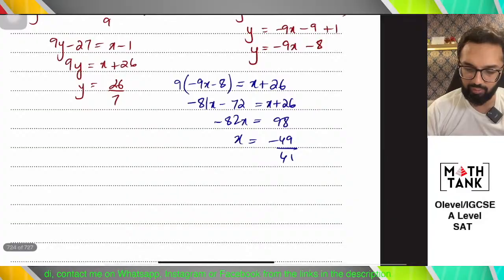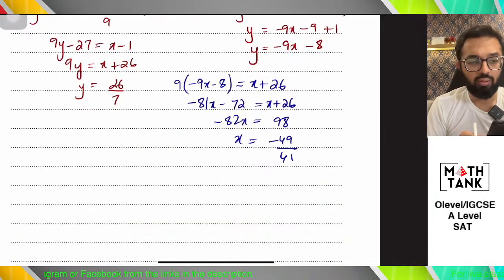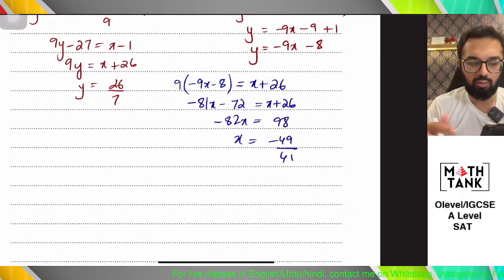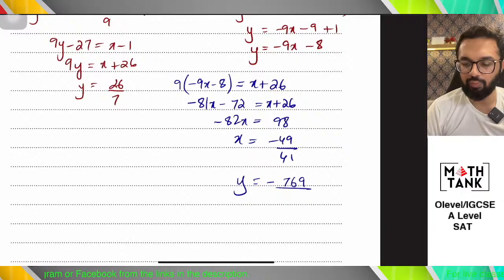The y coordinate is 9 times minus 49 over 41 minus 8, so the y coordinate is something like minus 769 over 41.